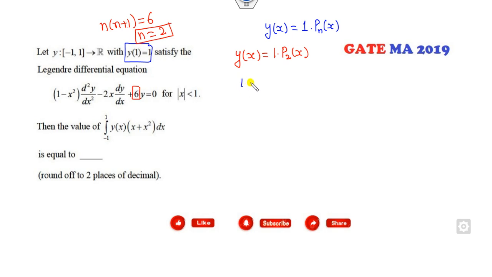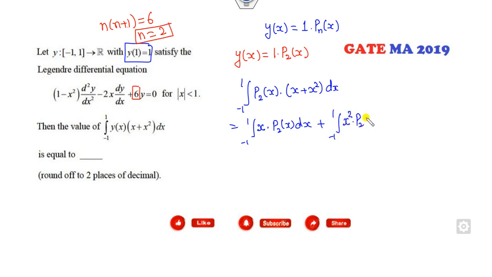Then I can substitute here minus 1 P2(x) times x plus x squared. So I can open this bracket: x P2(x) plus 1 into minus 1, x squared P2(x).